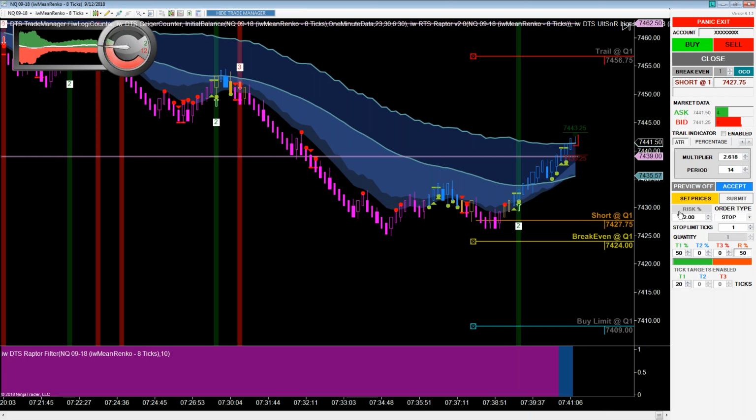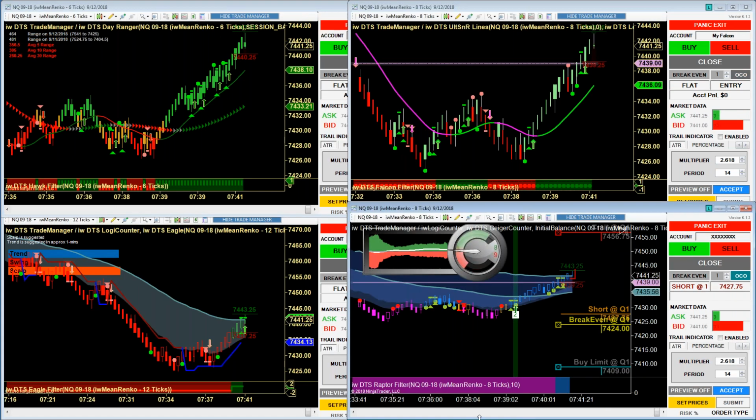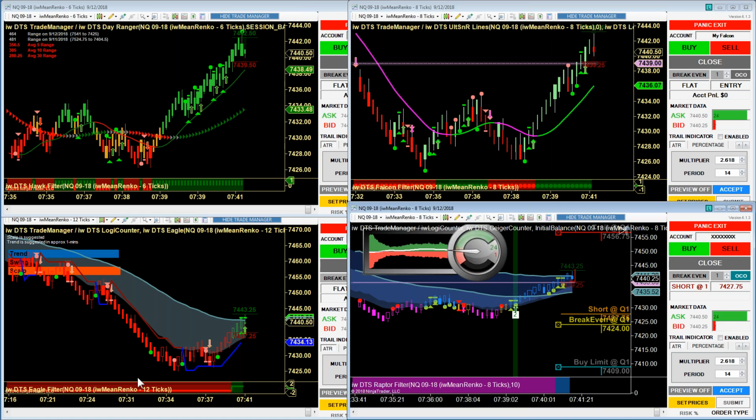So let me get rid of this demo trade, and we'll be on the lookout now for a cloud crossover signal. We're back here in the hard edge. So if the seller's going to pick it up, they're going to have to do it soon. And the hard edge is usually a pretty good spot for them to get back on board.